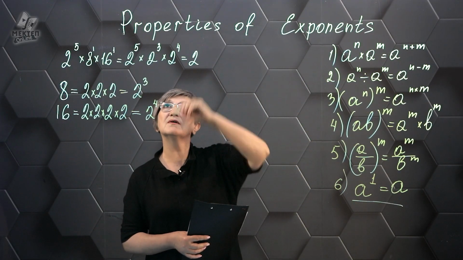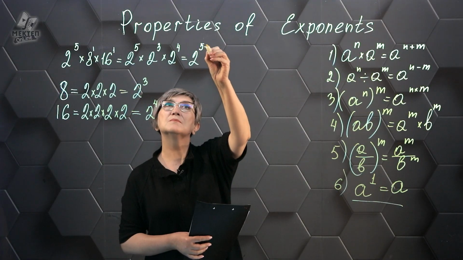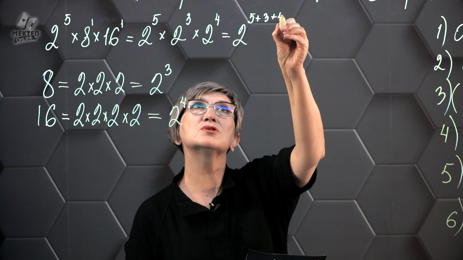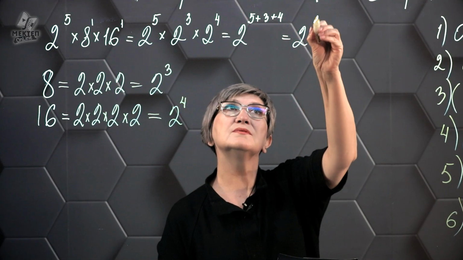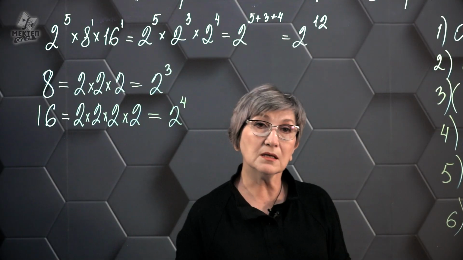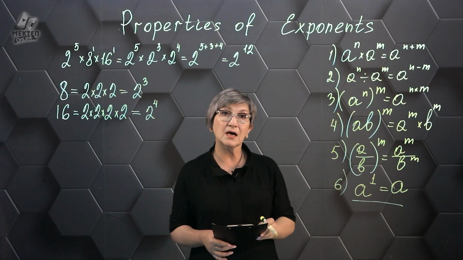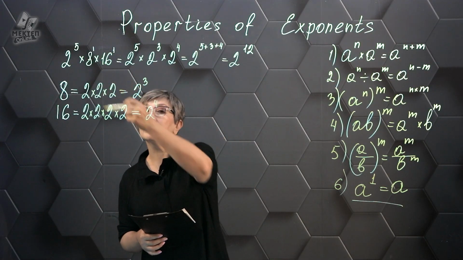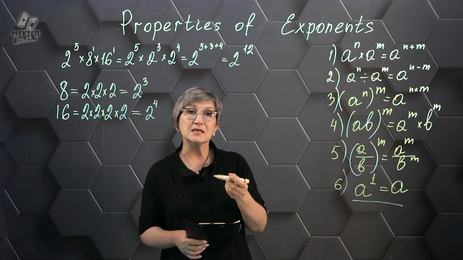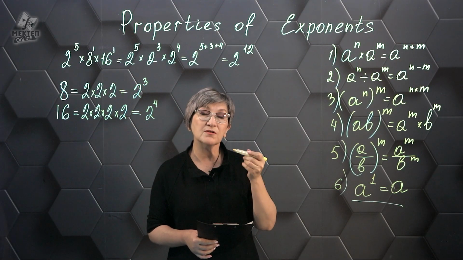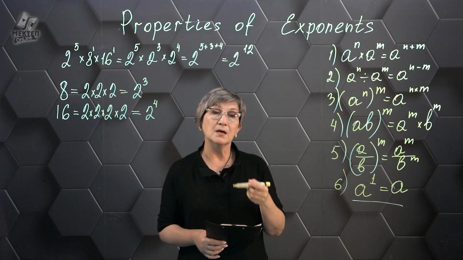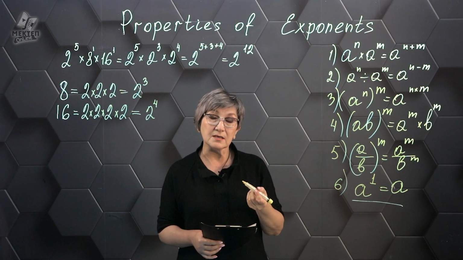The result is 2 to the power of 5 plus 3 plus 4, 2 to the power of 12. And that would be the answer. When you're solving these examples, it's difficult to determine which number to raise to what power. You just have to count and try.